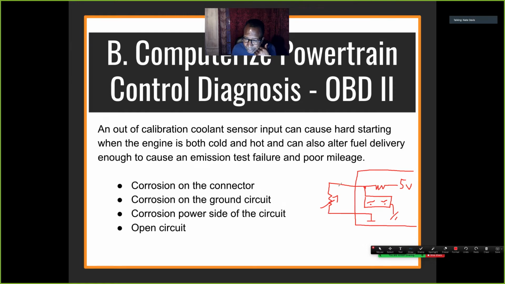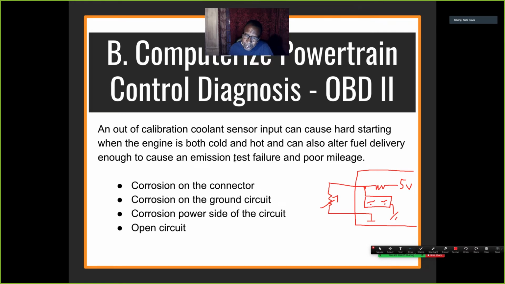Power side, which is the 5 volts, either here or here, colder car, because of additional resistance. An open circuit, high volts, colder car. That'd be like a -40. So any additional resistance will show a higher voltage drop, and when it comes to the PCM, it's a colder car. And so I can have a cold start or high emissions.